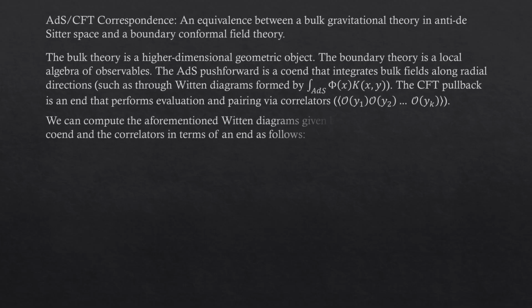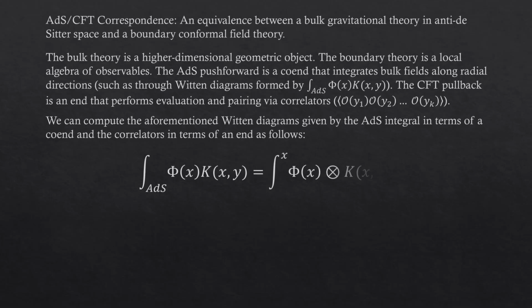We can compute the aforementioned Witten diagrams given by the AdS integral in terms of a coend. So we have the coend for x of the fields at x tensored with the kernel of x and y.